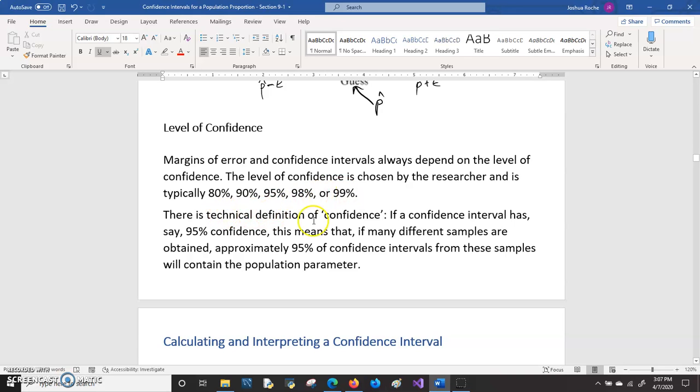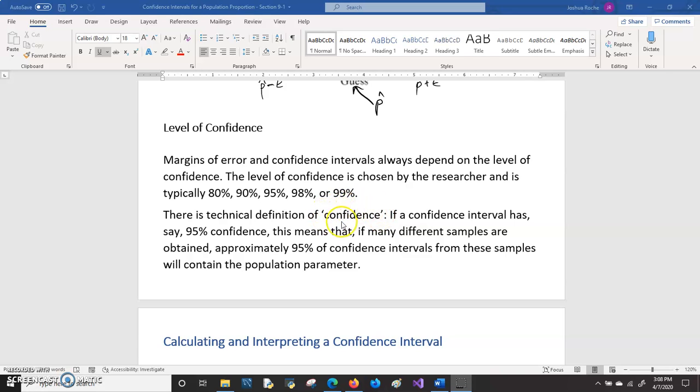There's a technical definition of confidence: if a confidence interval has, say, 95% confidence, that means that if many different samples are obtained, approximately 95% of confidence intervals from these samples would contain that population parameter. But you could also think of confidence in just the way it's used every day.